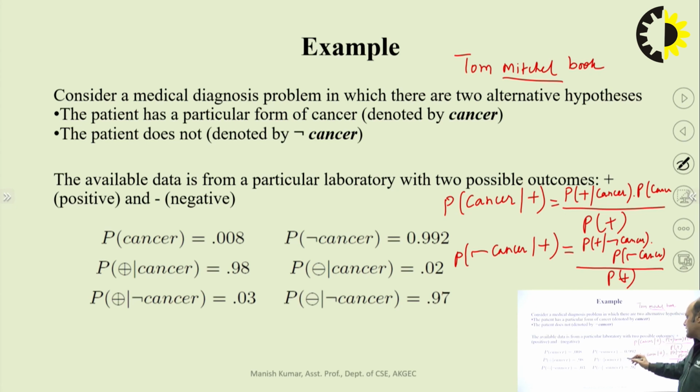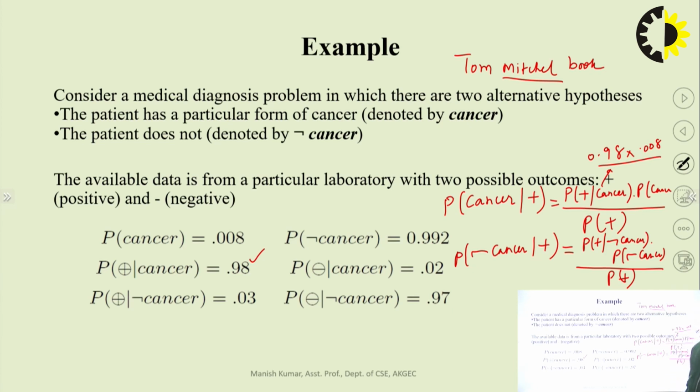P positive given cancer is 0.98. Here it is, we can put it here, 0.98. And the probability of cancer is multiplied by 0.008, divided by P positive.